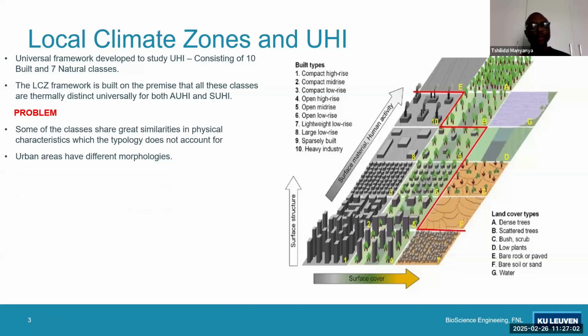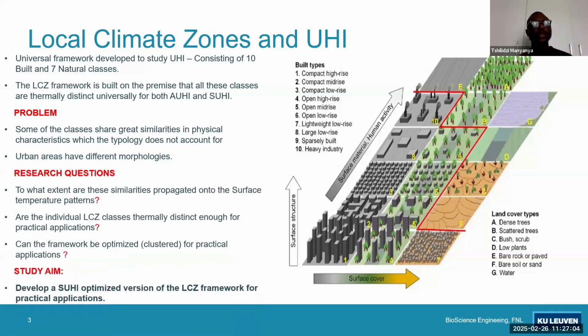So this brings us to a few research questions where we asked ourselves, to what extent are these similarities propagated onto the surface temperature patterns? Secondly, are these individual classes thermally distinct enough for practical applications?